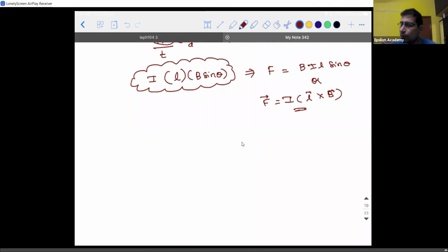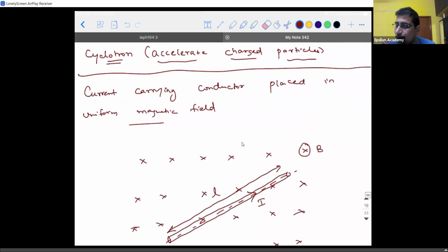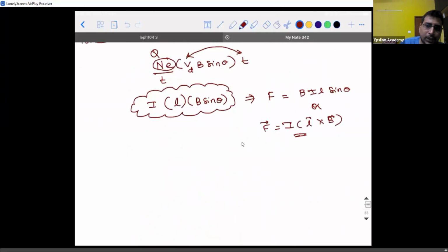Okay, one small correction: did I give it a uniform field? It need not be a uniform field, it can be any magnetic field. Please cut off that word alone. Current carrying conductor placed in external magnetic field need not be uniform, because vectors will take care of other factors.